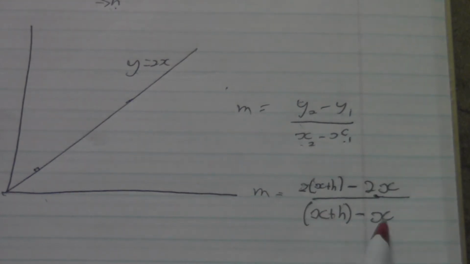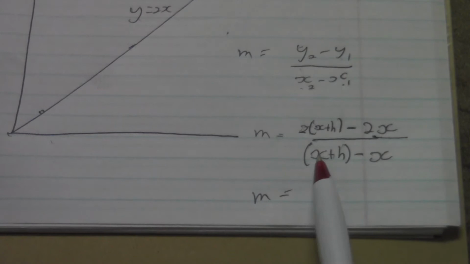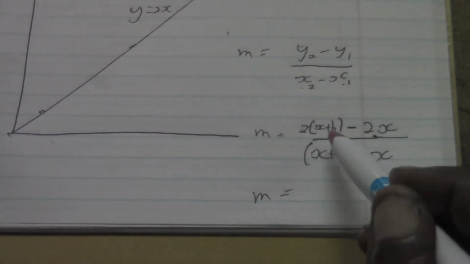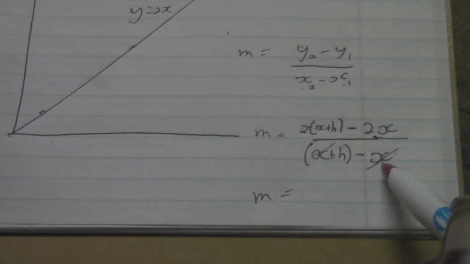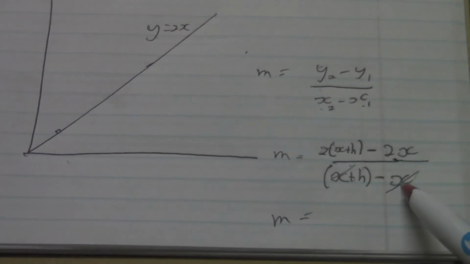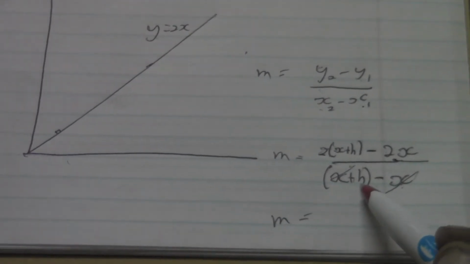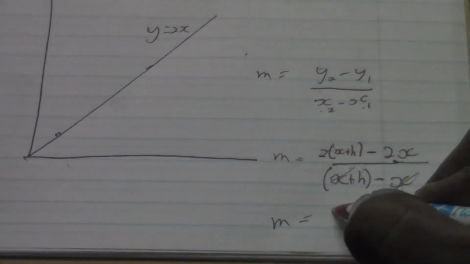At the denominator, there will always be x2 minus x1, which is the first x being x1 and the second x being whatever x you chose plus the increase. So when you work this out, at the bottom you always get x plus h minus x. So this and this would always cancel out, because it's just x plus the increase in x minus x. Only the increase will be left. So you can rewrite this formula for now.